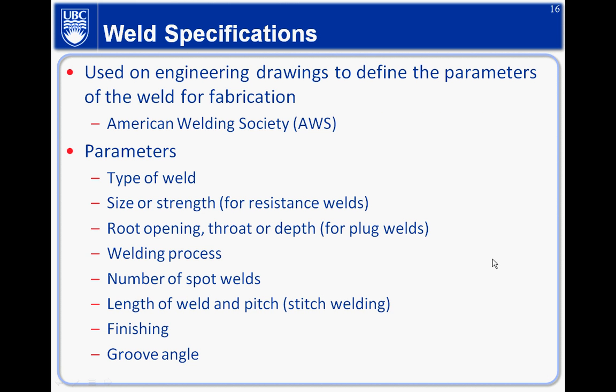Okay, so weld specification. This is a part where we'll look at a couple of examples. How do we communicate through engineering drawings with the welders? We use the American Welding Society specification. You'll see that the specification includes several parameters such as type of weld, the size of the weld, the root opening, welding process, number of spots.